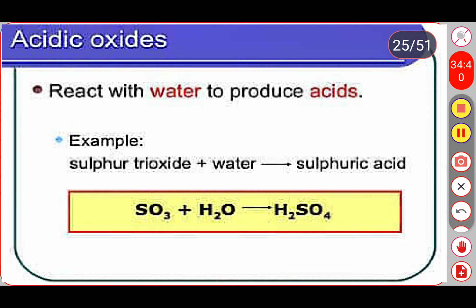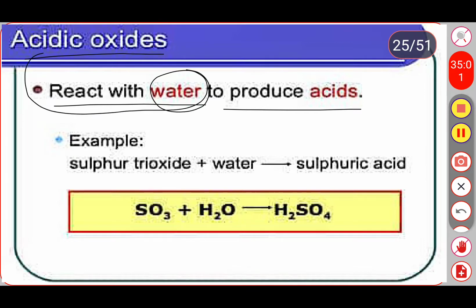Directly we are taking the acidic oxides. These acidic oxides are the substances we add directly to the water, and we get acids. For example, sulfur trioxide, which we already discussed in the previous slide.